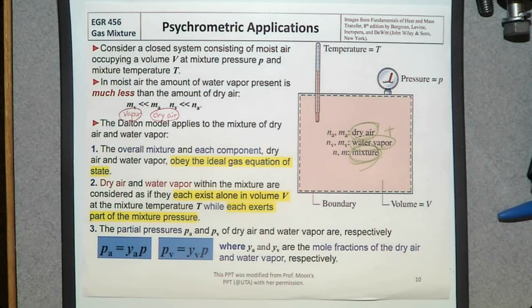Or you can use n instead of m: the number of moles of water vapor is much less than the number of moles of dry air.